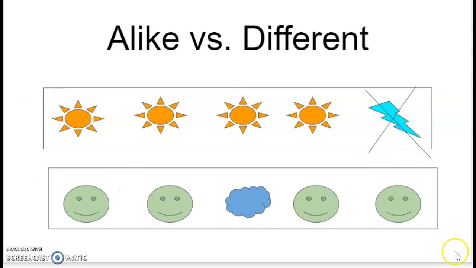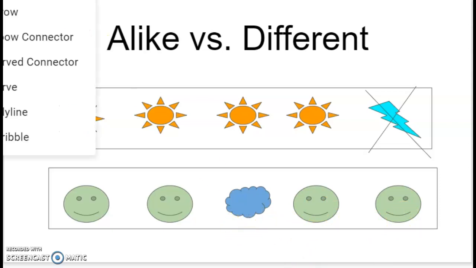So then when I come down here, I want you to think, which one is different? Is it this one? Is it this one? Is it this one? Is it this one? Is it this one? If you said that this one is the one that's different, you are exactly right. It is different.